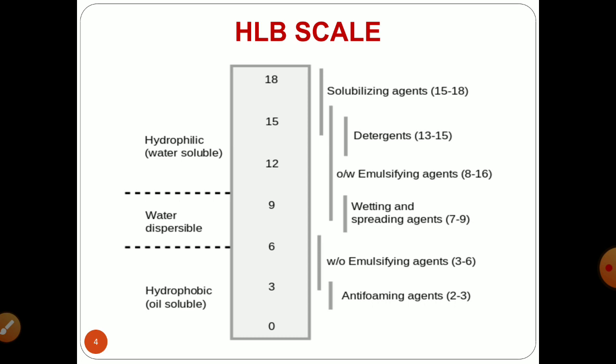So the HLB number indicates the ability of a surfactant to stabilize either an O/W emulsion or a W/O emulsion. In the same way, based on the HLB value, you can predict the type of emulsion, either O/W or W/O.